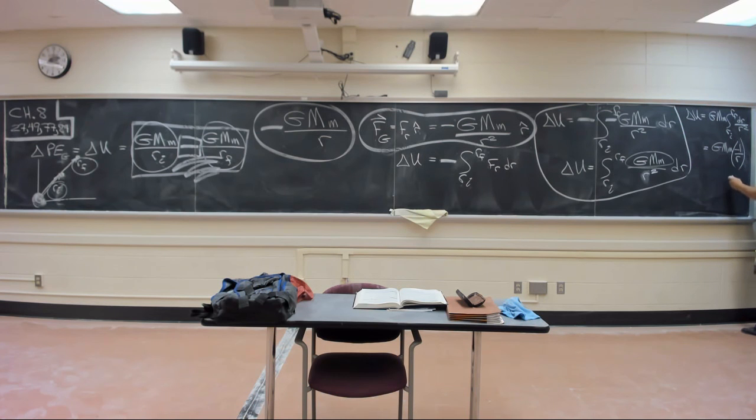The integral of dr over r squared is negative 1 over r. If you took the derivative of this with respect to r, you get 1 r to the negative 2. That's 1 over r squared. So that works.